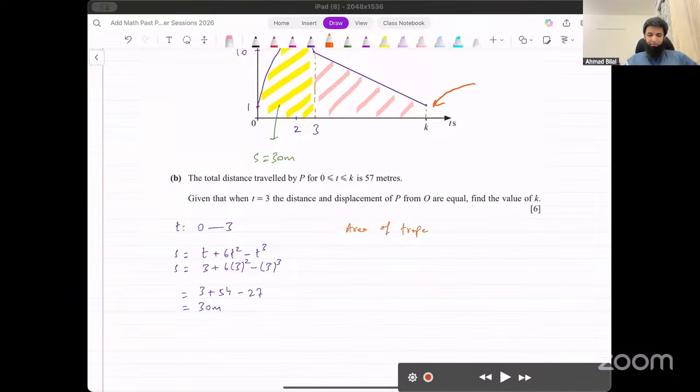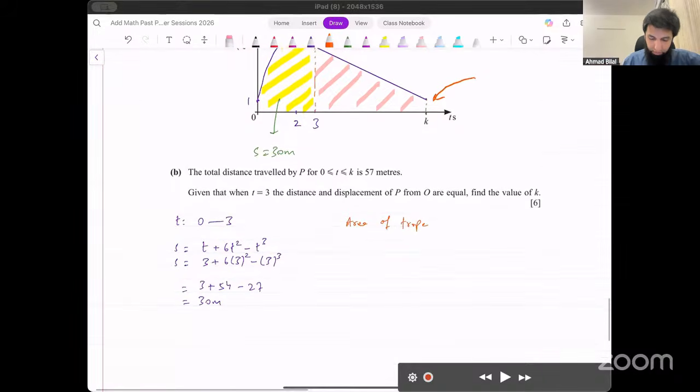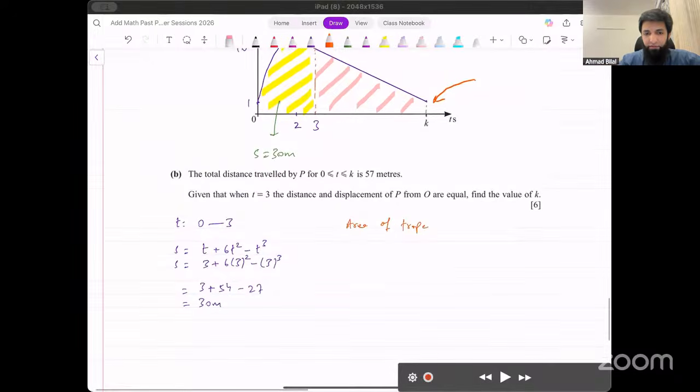What's the area of the trapezium going to be? 57 minus 30? Why 57 minus 30? It's 27, right? 3 plus 54, that's 57, minus 27, that's 30, right?